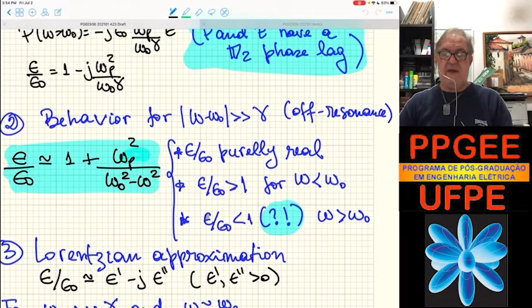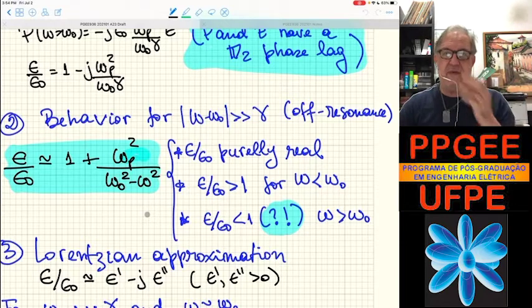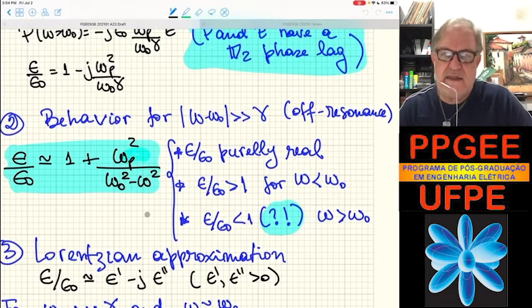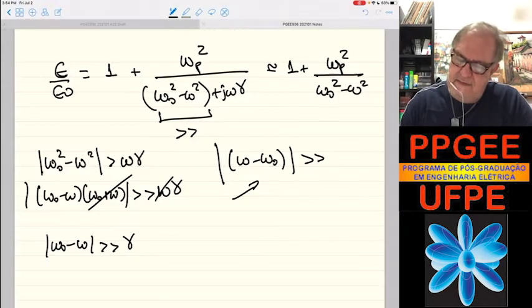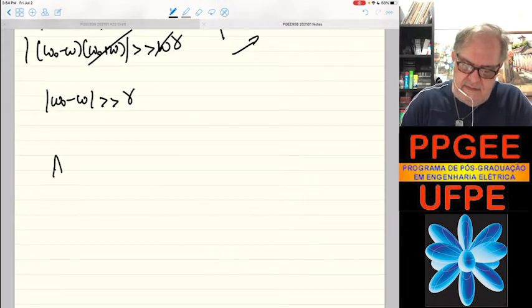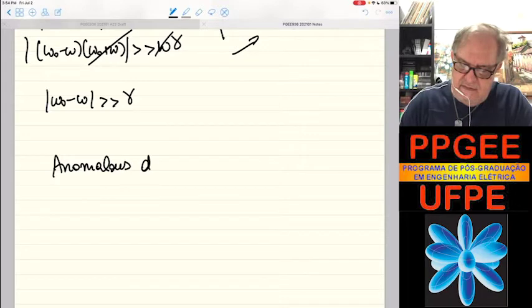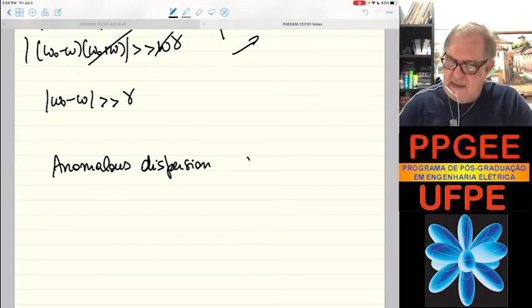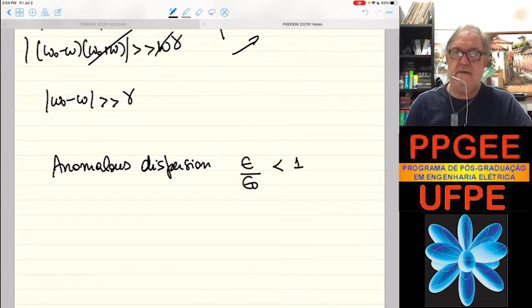So that's why, when we pass a resonance, we call this the region of anomalous dispersion, right? That's the region where the relative permittivity is smaller than 1.